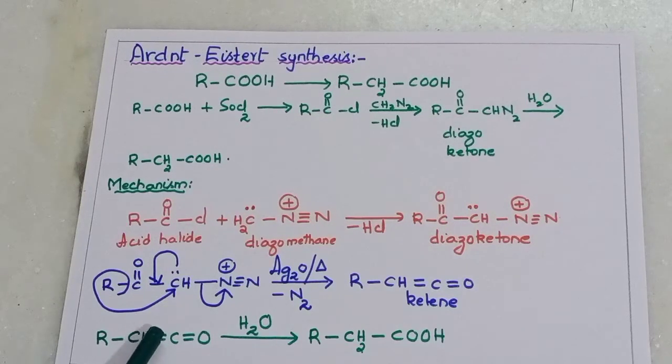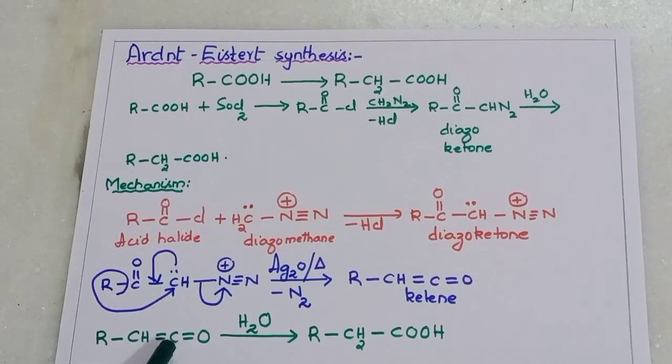One of the bonds of the double bond breaks up, and H2O gives H plus and OH minus. One hydrogen comes to this carbon and OH comes to this carbon. Therefore, we get RCH2-C double bond O-OH. This is the final product.